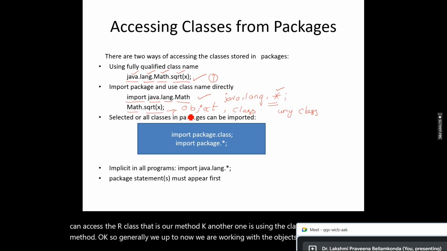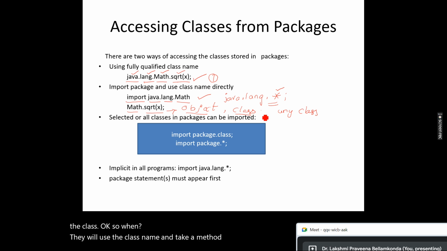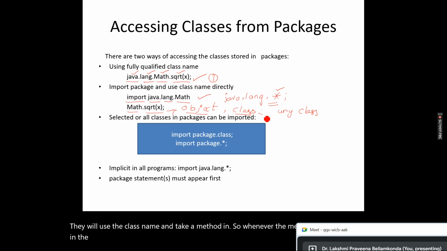Whenever you require a method of a class, first we create an object of the class, then we can access the method in the class. We use the class name to call a method when the method is a static method in the class. Then we can take the class name as the reference for the static method and access it. We will also see how we can do this with static methods.